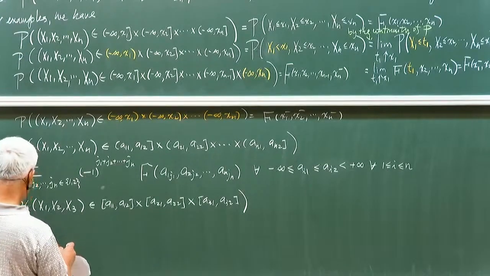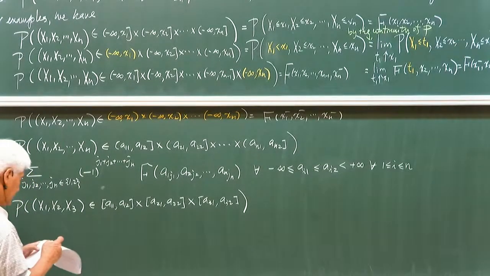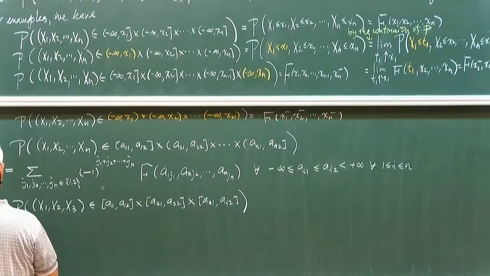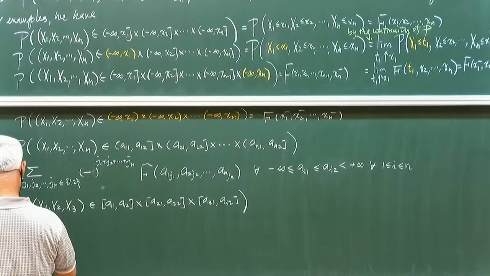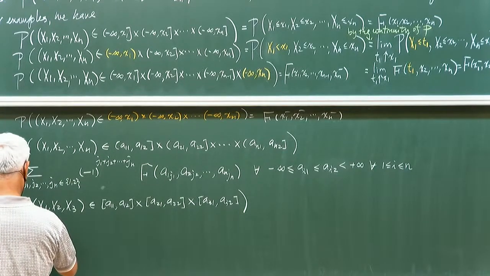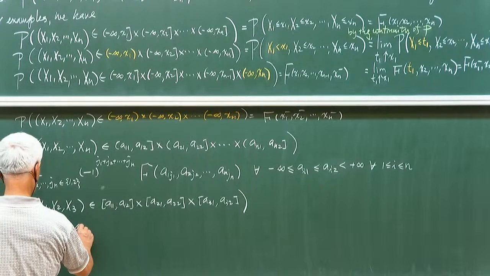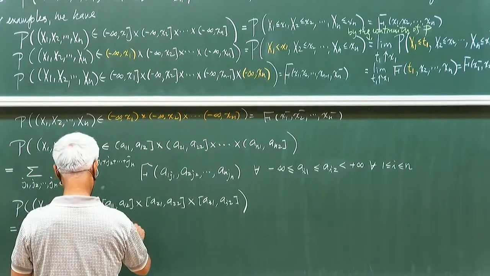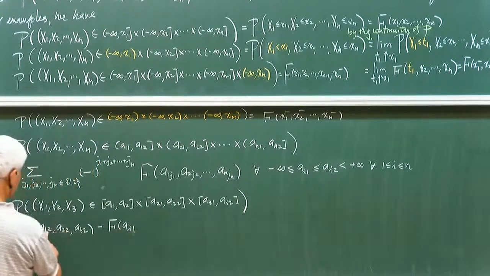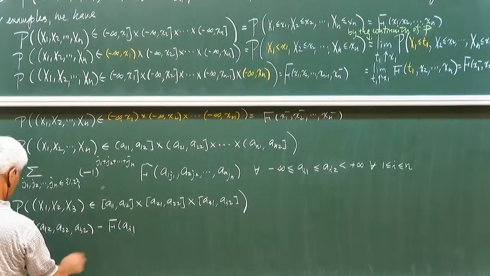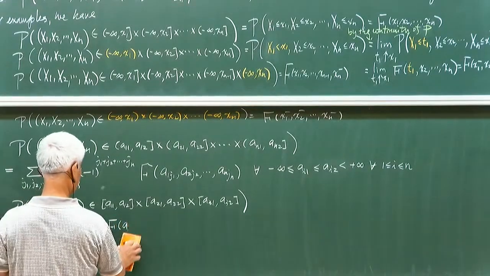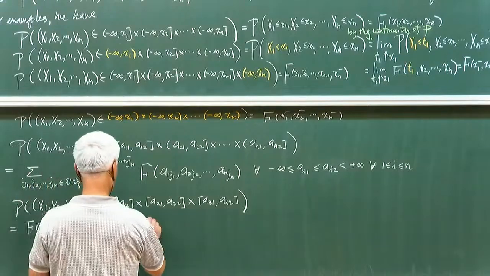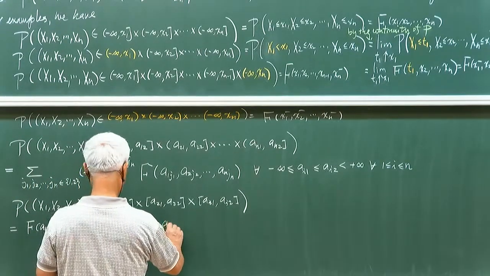So this is a special case for n equal to 3, and we can compute it. So we can have A12, A22, A32 here, minus f of A1. So if we replace 1, 2 to 1, 1, then we should put the minus sign, the left limit, and A22 and A32.